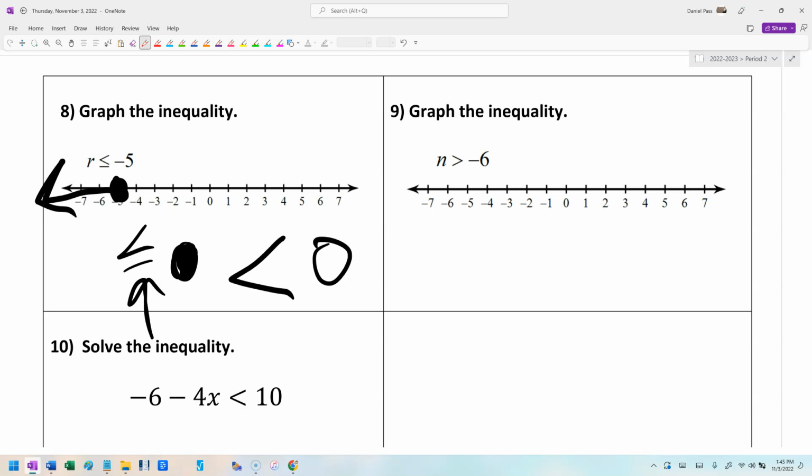You have to say if it's open circle or closed circle, right? Yeah, that's right. Open circle. She says open circle. Why? What about the symbol?